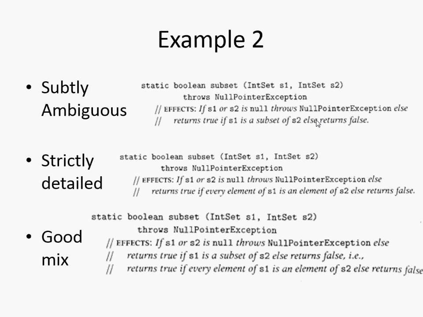What's ambiguous? What's not so clear? S1 and S2. Okay, S1 and S2, these are the two arguments here. It's very common that the specification would refer to the names of the arguments, because after all, these are what has to be provided for it to do its job, right?